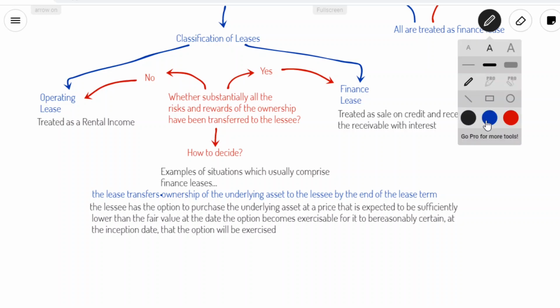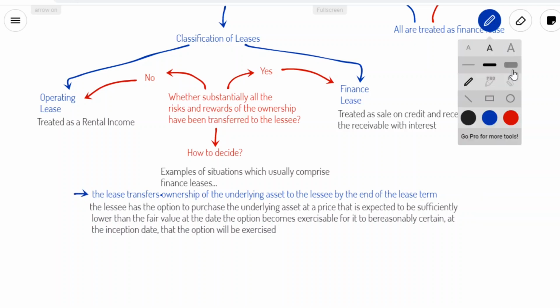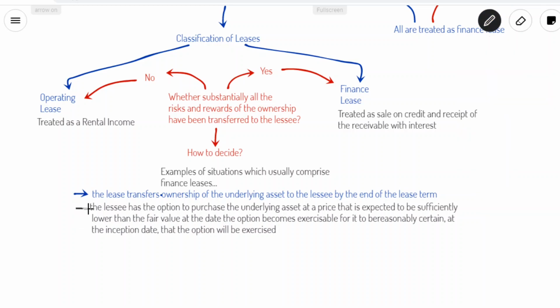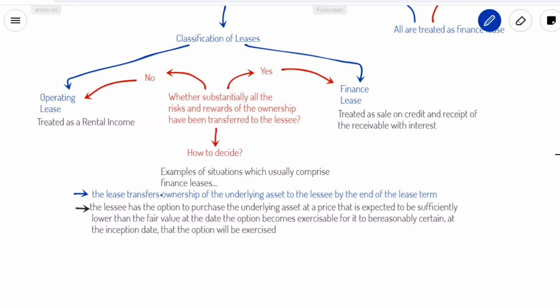So basically, this means that if the two parties have decided that the lessor would actually sell the asset to the lessee at a very low price in the future, and when making that contract, we can see in advance that the price would be too low compared to the market price, and it's very reasonable that the lessee will exercise that option. In that case, it would be assumed that the lessee is really receiving the asset entirely.